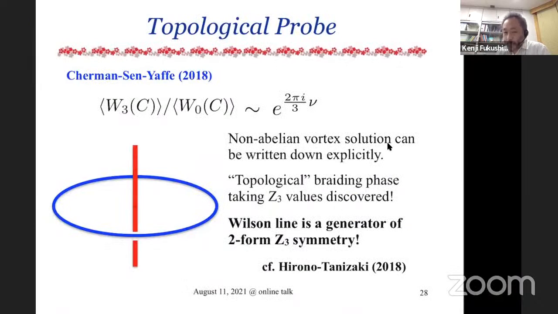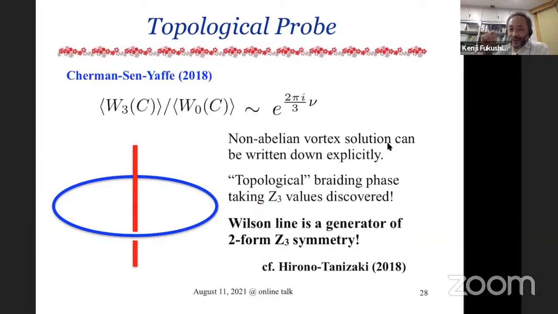Because of that, they found that some funny fractional phase appears. This fractional phase, or Z3 phase, is related to an emergent Z3 symmetry, which is a two-form higher-form symmetry. But the point is that, as I told you, this fractional phase is related to the color flux tube inside of the vortex.